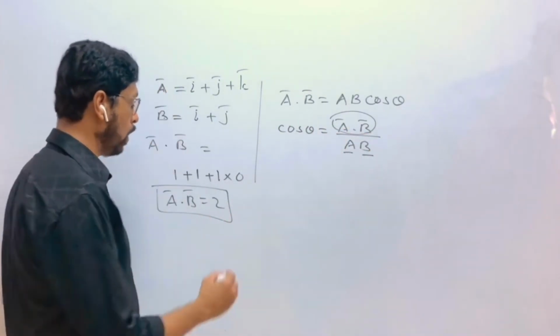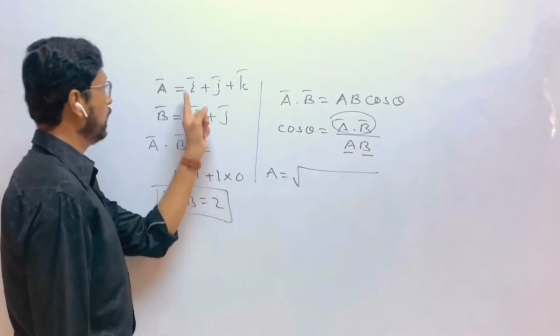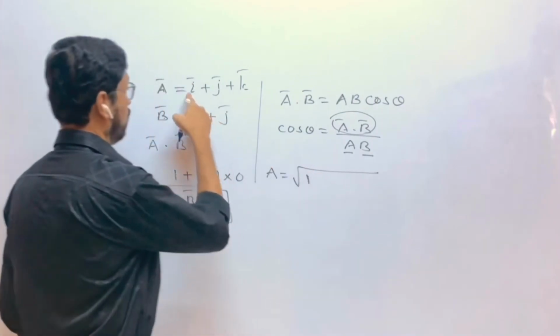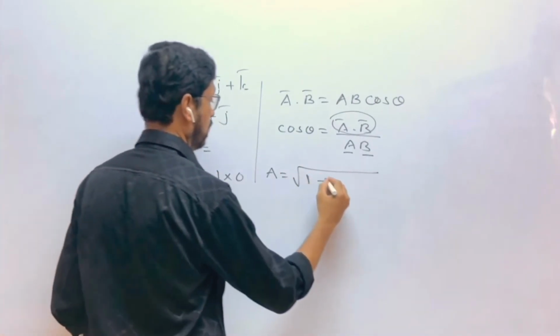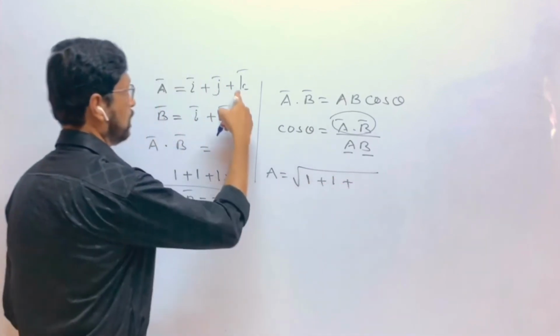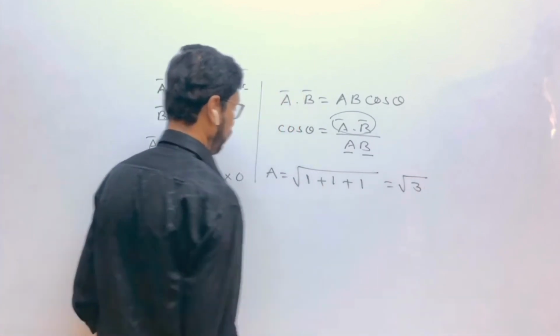Then magnitude of A will be under root AX square plus AY square plus AZ square. 1 square is 1, plus 1 square is 1, plus 1 square is 1, that is under root 3.